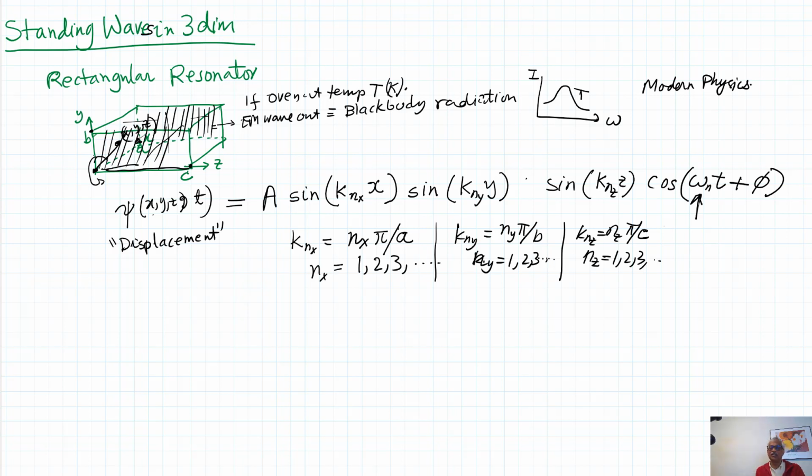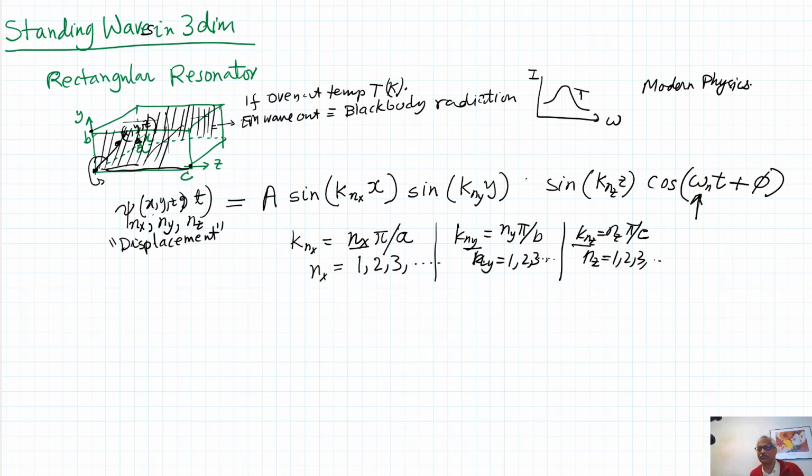Well, you can see what the omega n has to be for each one of these modes. These modes are being labeled with the nx value, ny value and nz value. So I can say I am in a mode nx along the x direction, ny along the y direction and nz along the z direction.